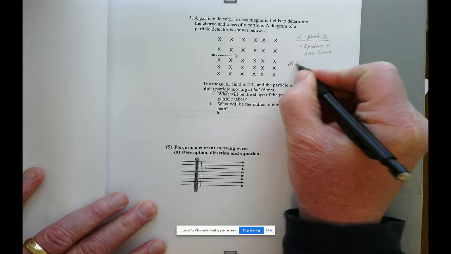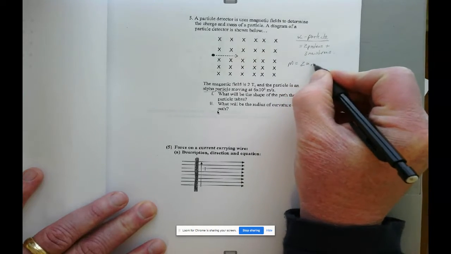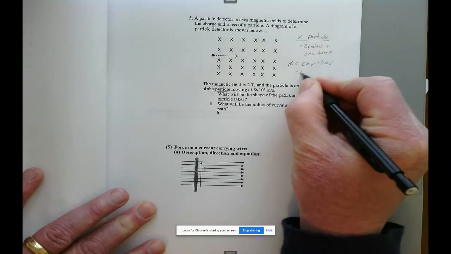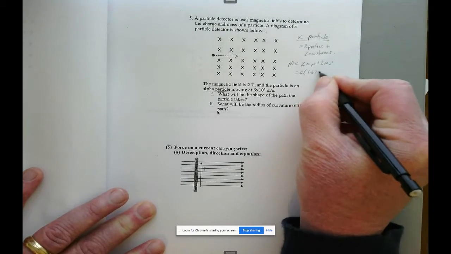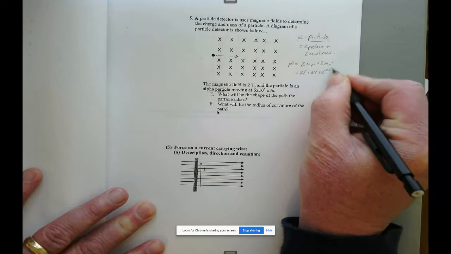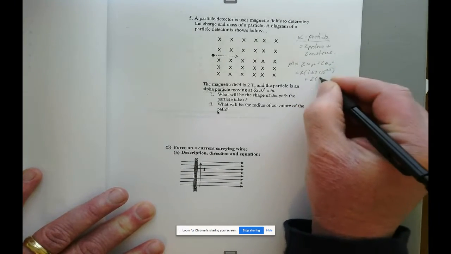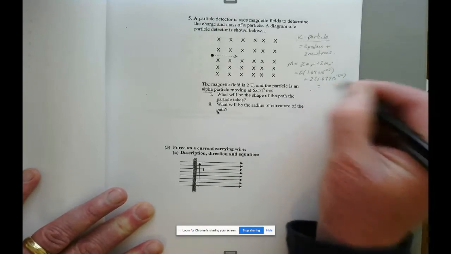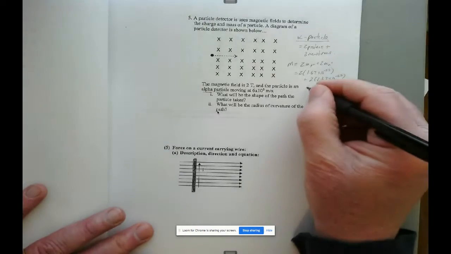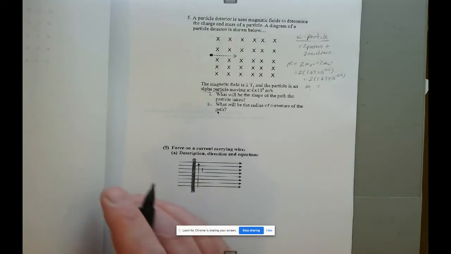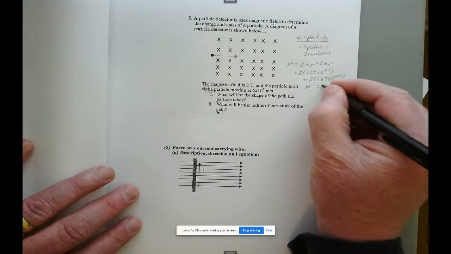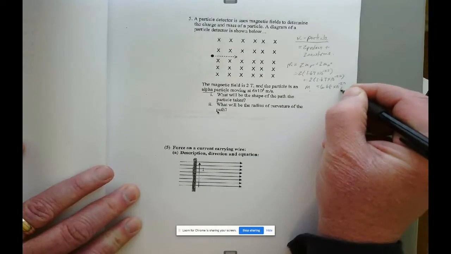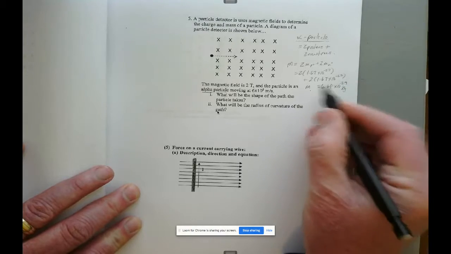So the mass is going to be 2 times the mass of a proton plus 2 times the mass of a neutron, which is going to be 2 times 1.67 times 10 to the minus 27th plus 2 times 1.67 times 10 to the minus 27th. And when I find that all together, I get a mass of 6.68 times 10 to the minus 27th kilograms. So there's my mass.